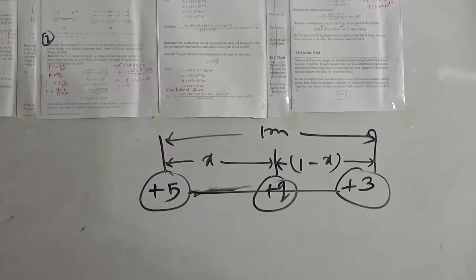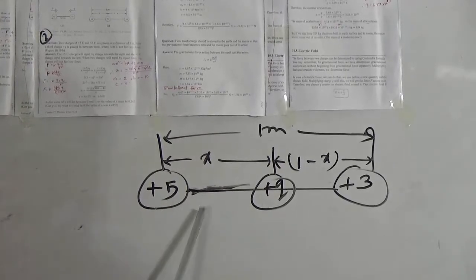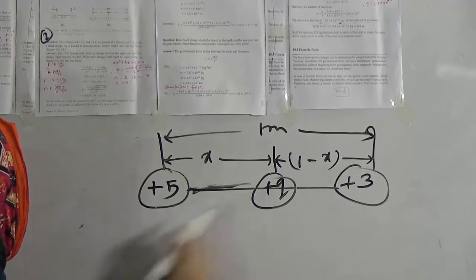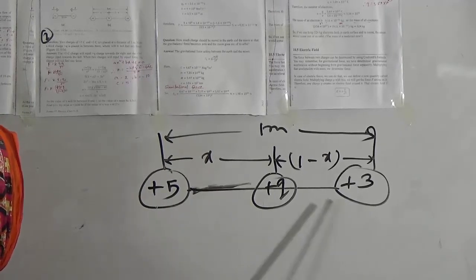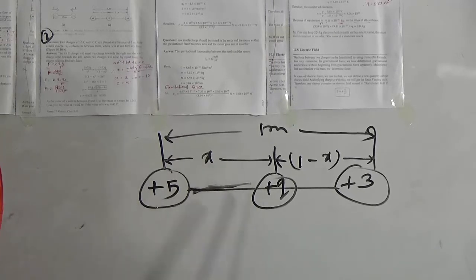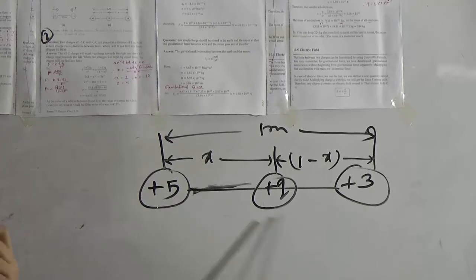So my dear students, the plus 5 Coulomb charge will repel the plus Q charge towards the right, and the plus 3 charge will repel it towards the left side. When the two charges repel with equal force, then the plus Q charge will not feel any force.